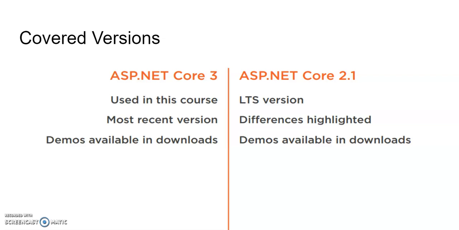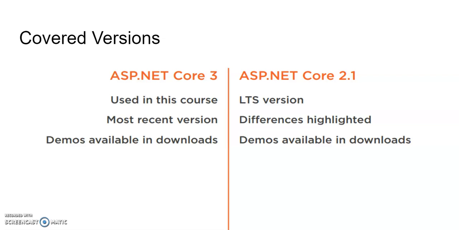I have mentioned already quite a few times that I'll be using ASP.NET Core 3.1 in this course, which is, at the time of creation of this course, the latest version. All demos are available with the download of this course for ASP.NET Core 3.1. However, if you are still using ASP.NET Core 2.1, you still benefit fully from this course.